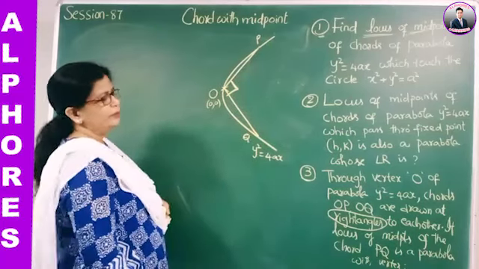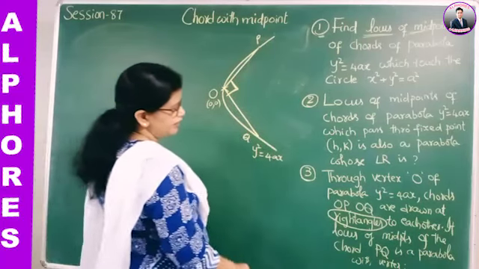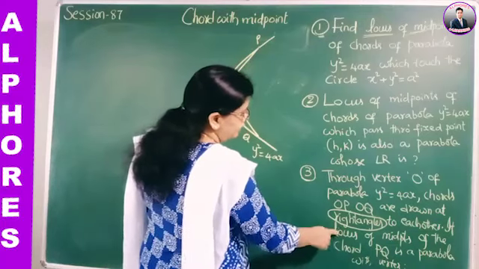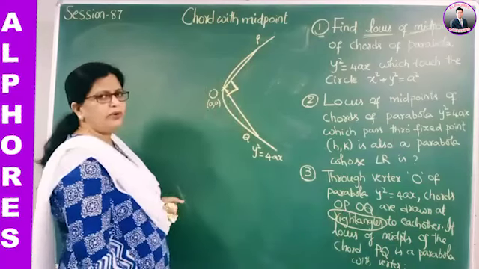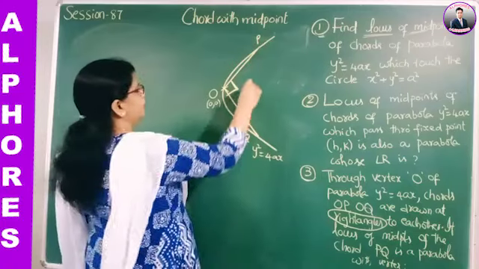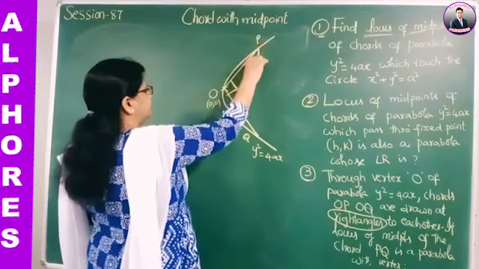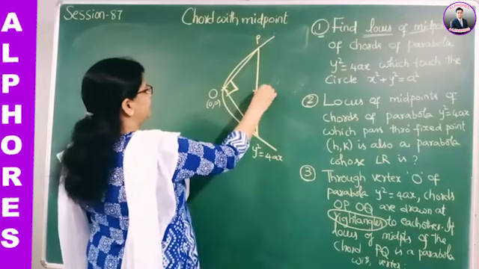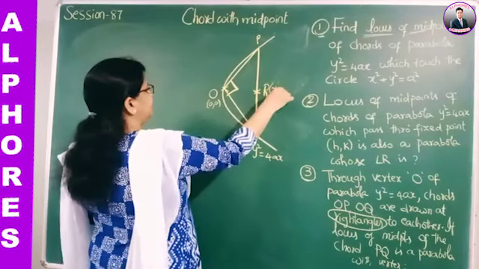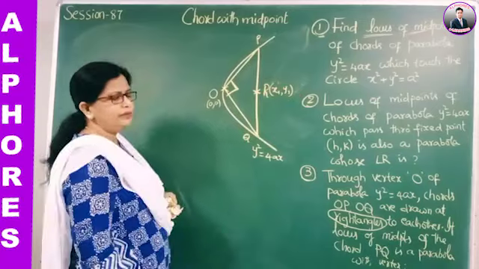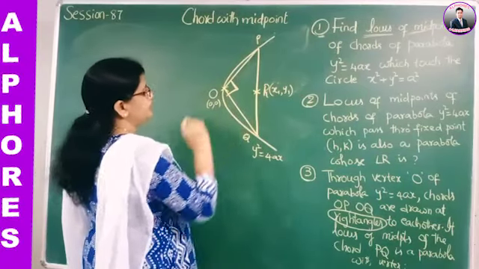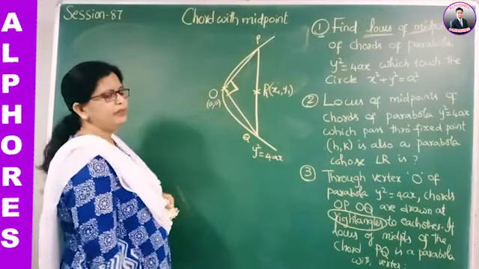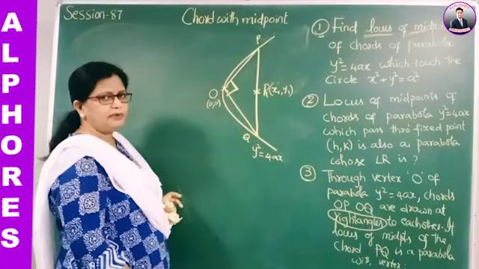Now what is our question? They are asking about the locus of middle points of chord PQ. Understand, if I join these two, suppose this is our locus, if I take R of x1 y1. Now they are telling us this locus is again a parabola. Then for that locus what about the vertex?